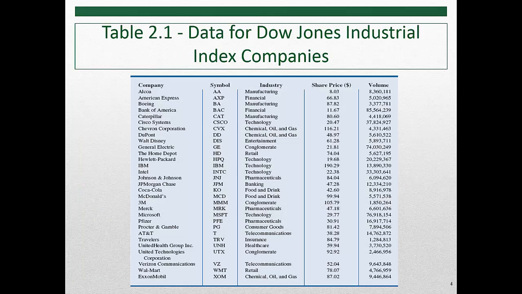Let's take a look at another set of examples. Table 2.1 shows the data for Dow Jones Industrial Index companies who are publicly trading in the US stock market. So what are the variables? Variables are the symbol, industry, share price, and volume. What are the observations?